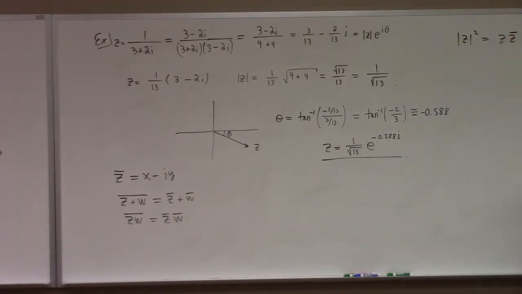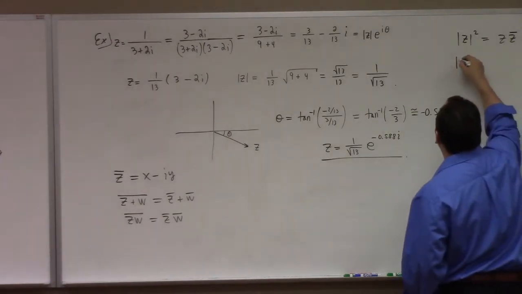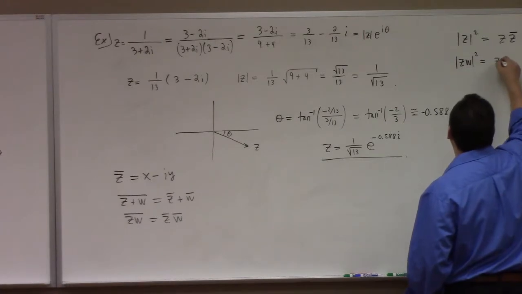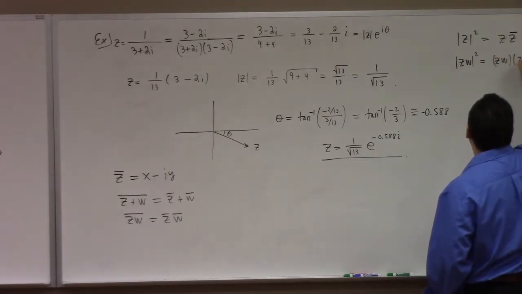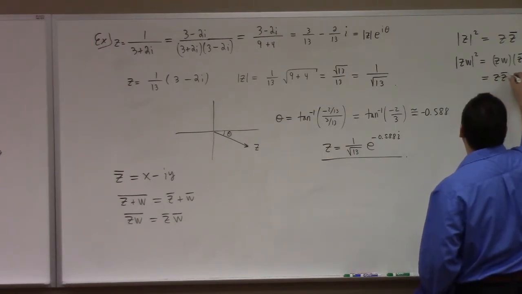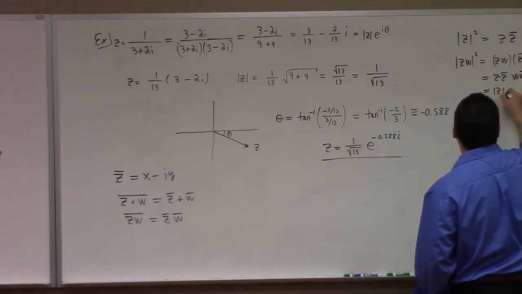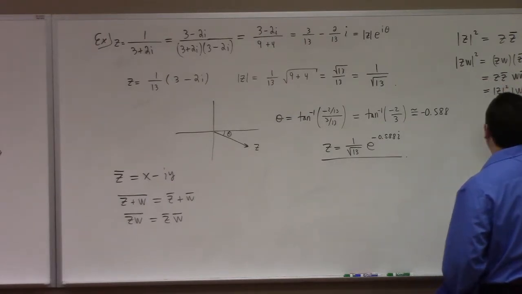So with that in hand, it's easy to prove that the modulus of z times w squared is what? It's zw times zw conjugate, which is, reorganizing things, z z bar, w w bar, which is modulus of z squared, modulus of w squared.